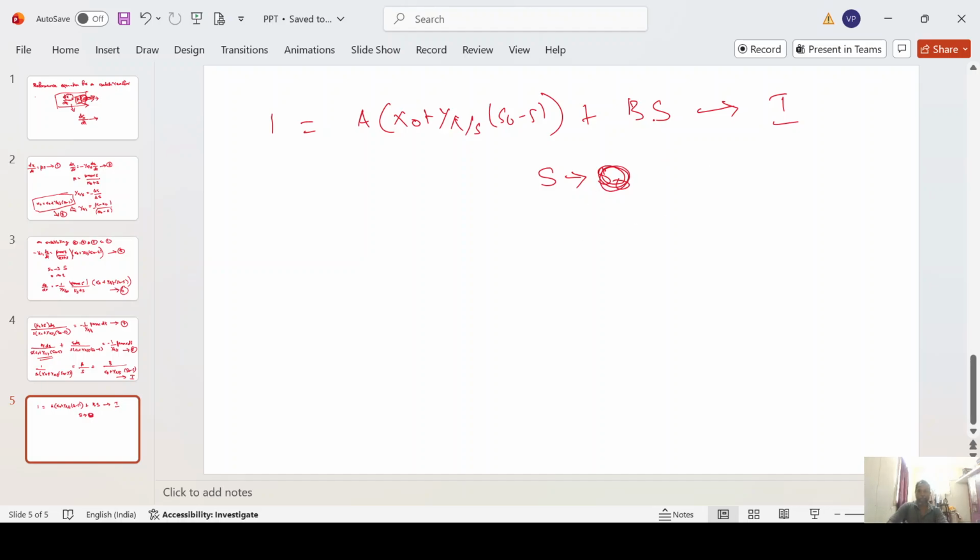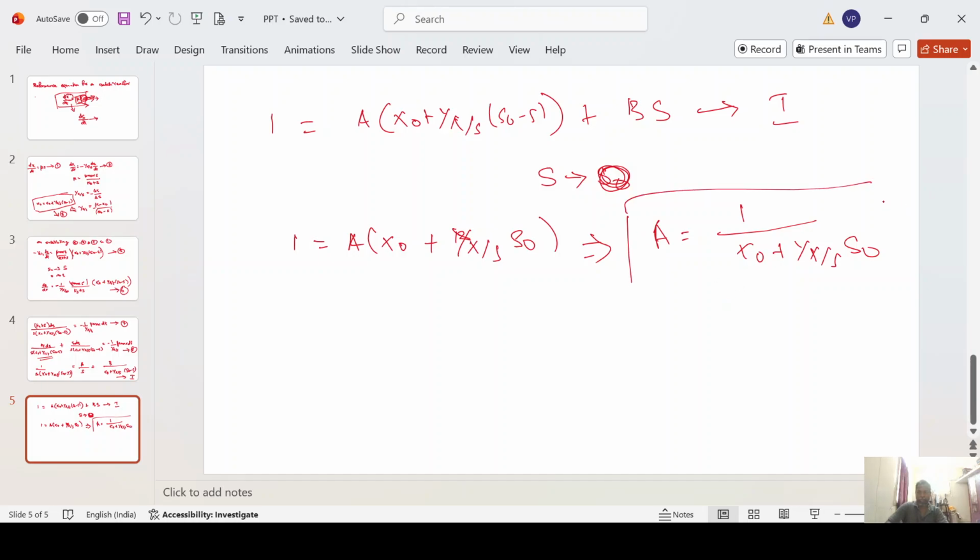Then when you substitute s for 0, this equation is going to be 1 is equal to a into x naught plus yx by s of s naught alone. Then a is equal to 1 by x naught plus yx by s of s naught. So this is the expression for a.